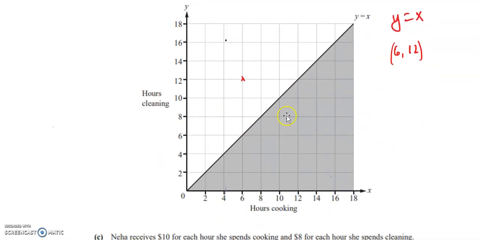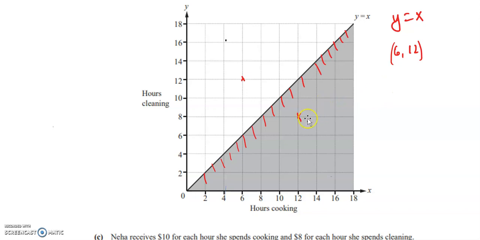So you shade the unwanted region. So this region down here, if you pick any value down here, you will find that the value of x will be greater than the value of y. So this is the unwanted region, and that is why this region has been shaded. So you can see the shading has already been done.